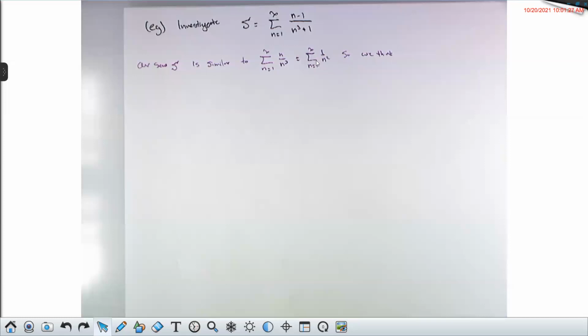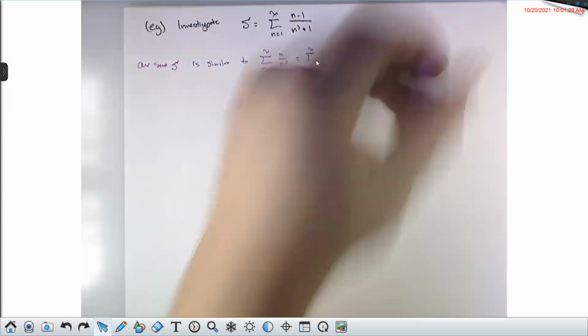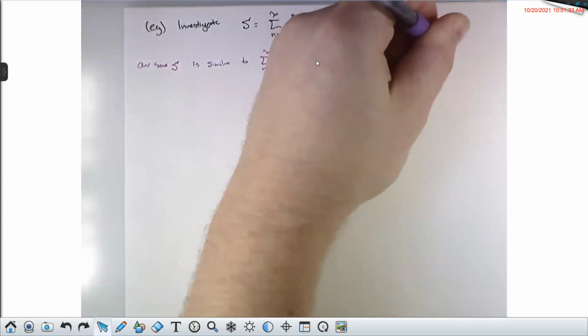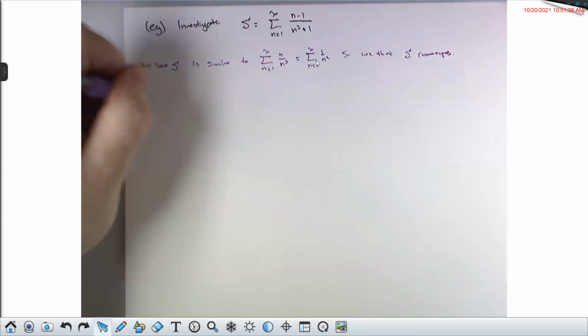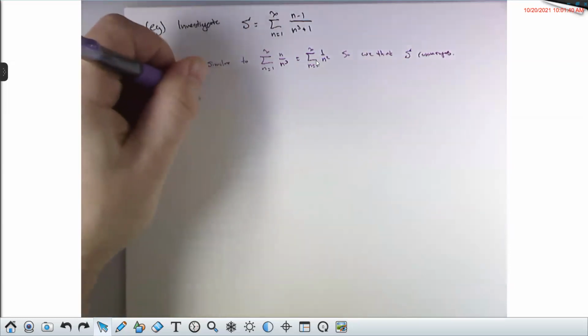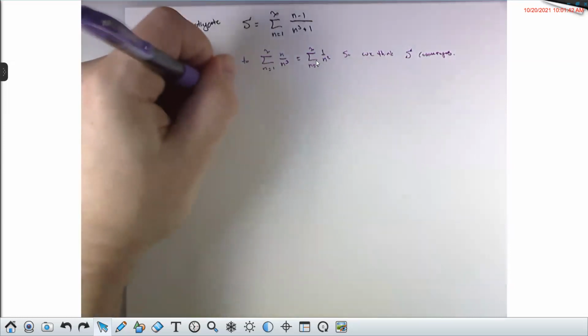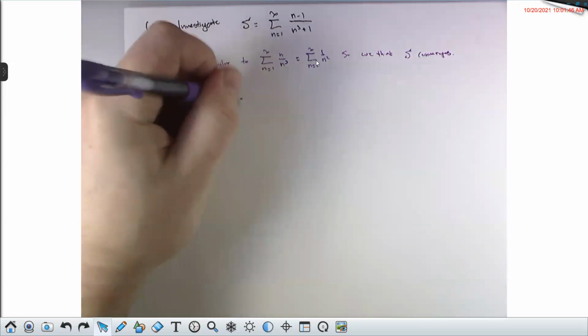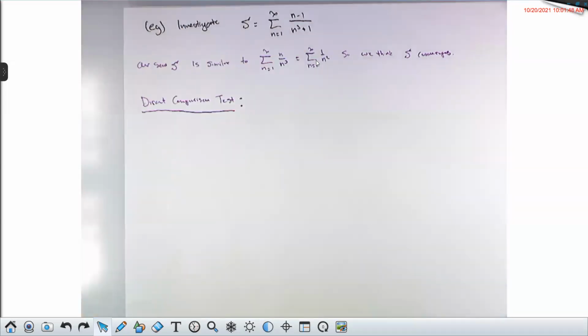Right, because 1 over n squared is a convergent p-series. All right, so now I'm going to run the direct comparison test. And I'm going to try to show that my series is term for term smaller than 1 over n squared.